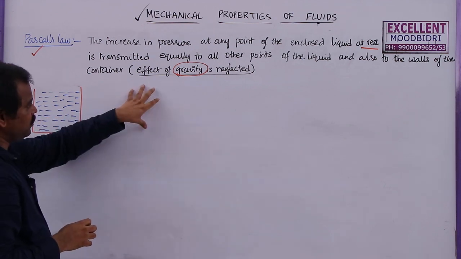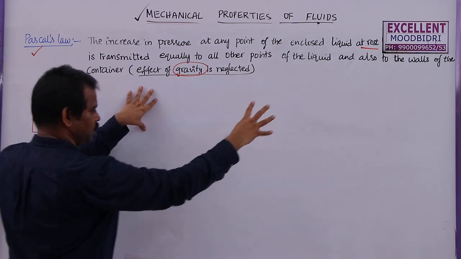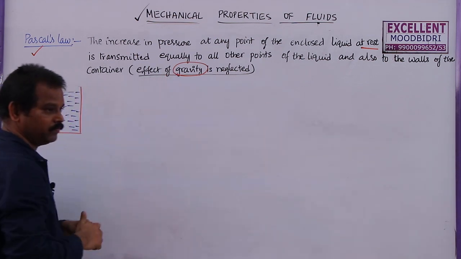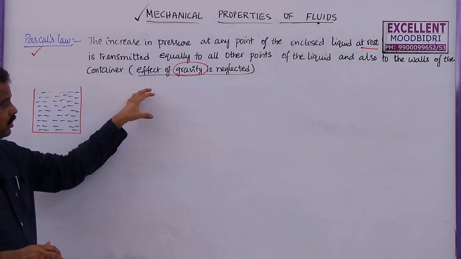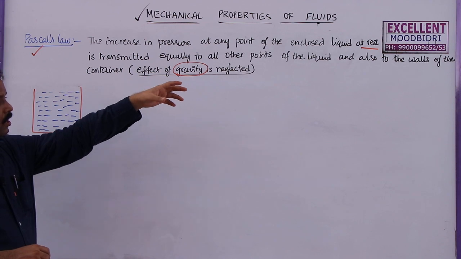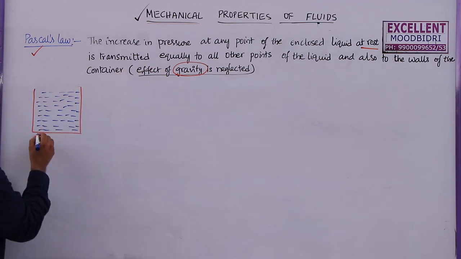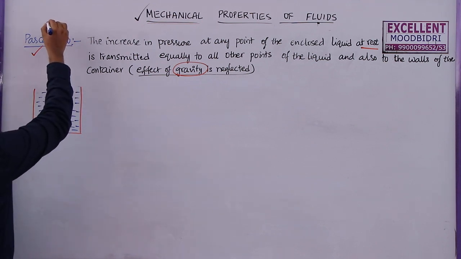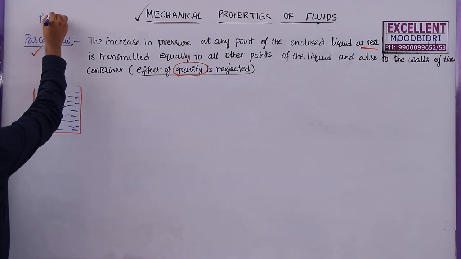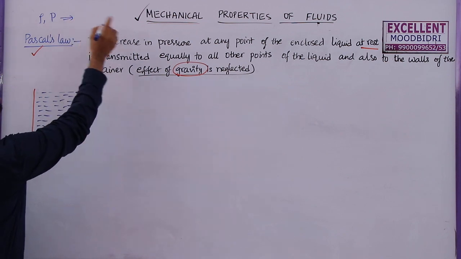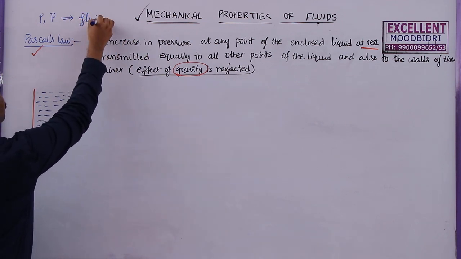One is the study of fluids at rest, the other is the study of fluids in motion. Just like the study of bodies at rest is called statics, the study of bodies in motion is called kinetics or kinematics. Here we are going to study density as well as pressure only if the fluid is at rest.